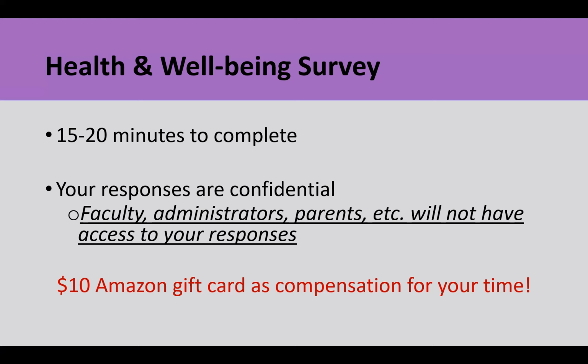We've had our Office of Institutional Research select a stratified random sample of our students across different class years, across different schools on our campus, across classes based on time of day and day of week.